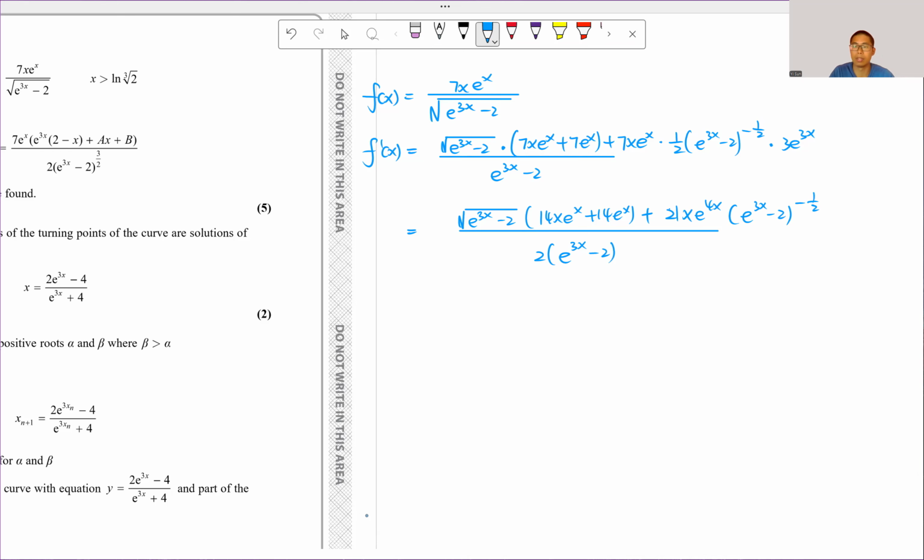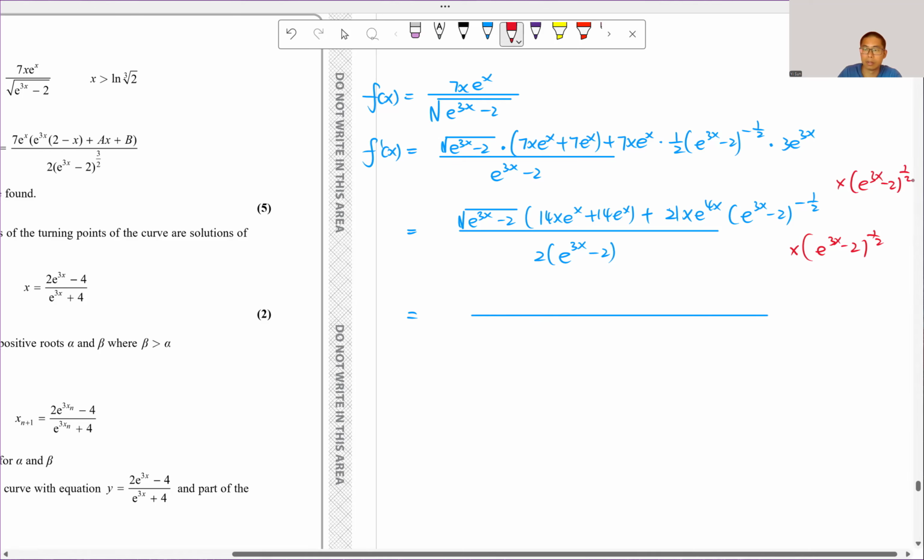And then once we have this, we can multiply by e to the power 3x minus 2 to the power 1/2 for both top and bottom. Let me write it down. So multiplying by e to the power 3x minus 2 to the power 1/2 for both top and bottom, the denominator will become 2 times e to the power 3x minus 2 to the power 3/2, which is what they want.